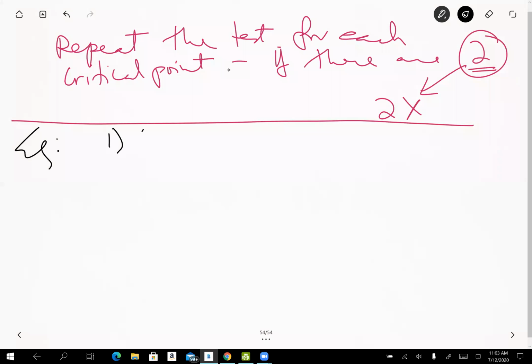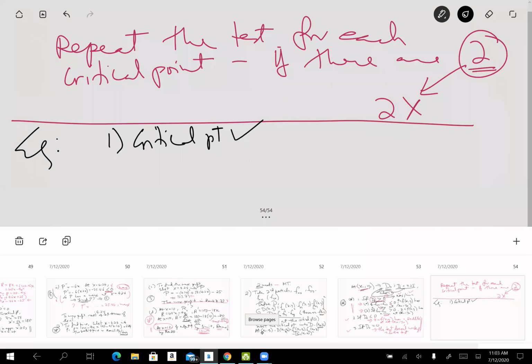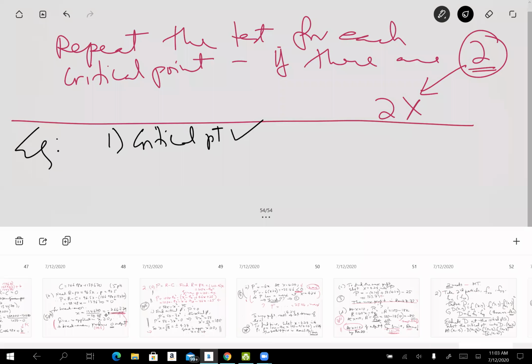So number one, you already have the critical point, we're done. So you have the point, what was it? X equal to what? The critical point, I've forgotten. 1, 2, 1.